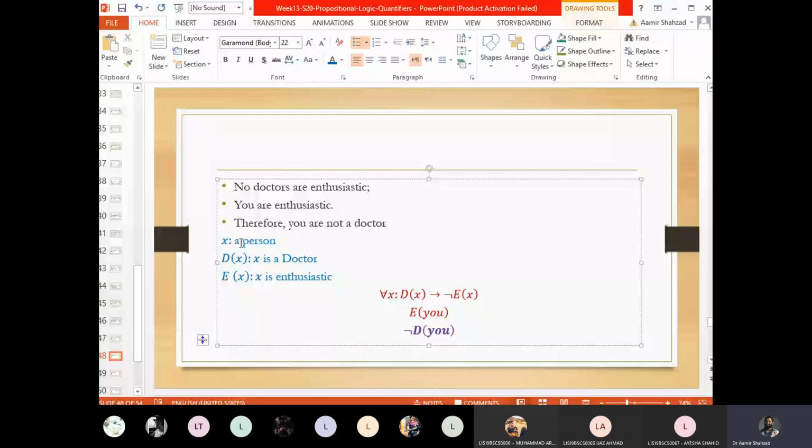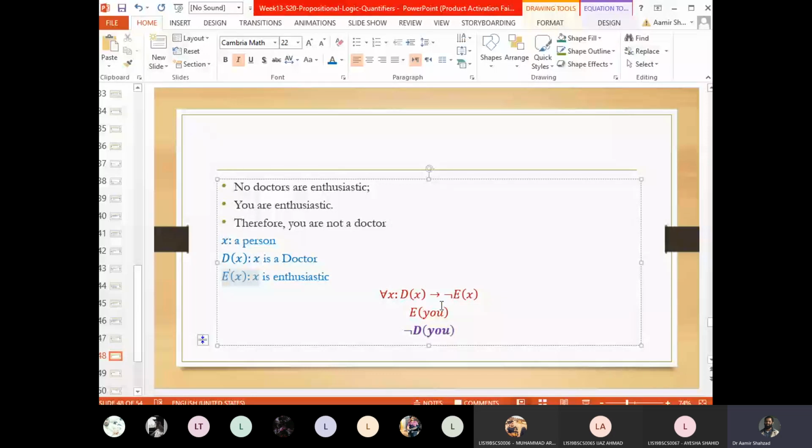Suppose X is a person, D of X means X is a doctor, and E of X means X is enthusiastic. Let's express the above statements mathematically. For all X, if X is a doctor, then he is not enthusiastic.